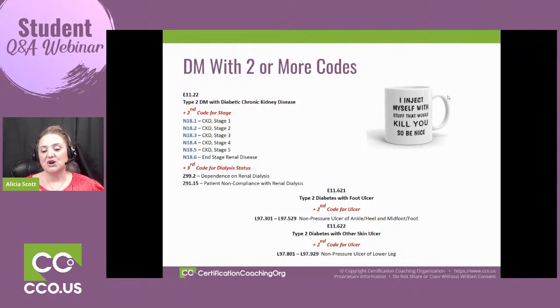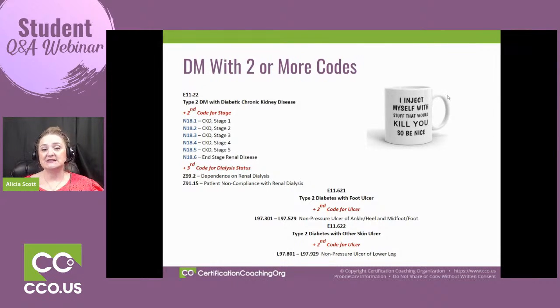But there's always, as we said, an exception to the rule, and it usually indicates things like stages. What do we stage? CKD, and we also stage ulcers. So you'll always be using multiple codes when dealing with chronic kidney disease or any type of skin ulcer. There isn't a combo code for those.